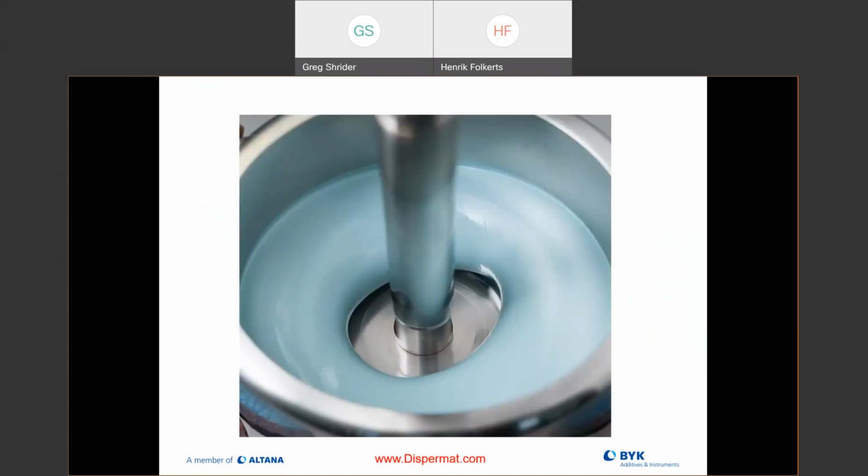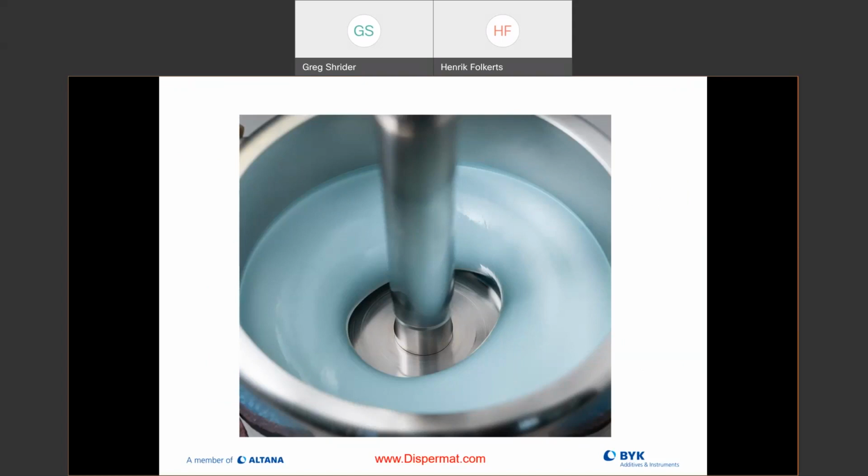If you look inside, you should see a visual, and we call it the visual cue. How well am I processing my material? If I have a very solid pre-dispersion process, then I should ideally see this donut being formed around my Kaus blade. Now, again, some materials that have a very low viscosity, sometimes it's a little bit more difficult to get a proper donut because the donut collapses very quickly if you don't have the right viscosity.